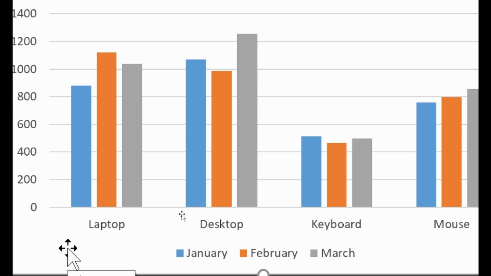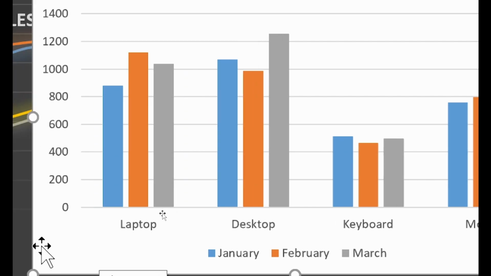With the laptop, in January, the sales went to 850. Okay. Then February to almost 90. Then February, March, it came down to 1,001. Okay. So February did better than March, right?